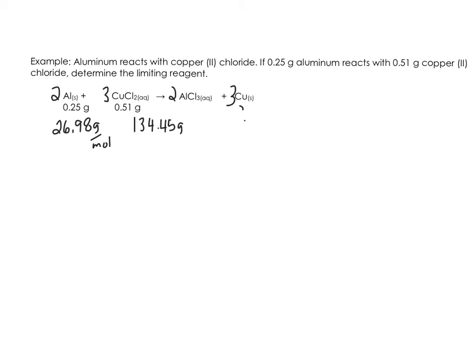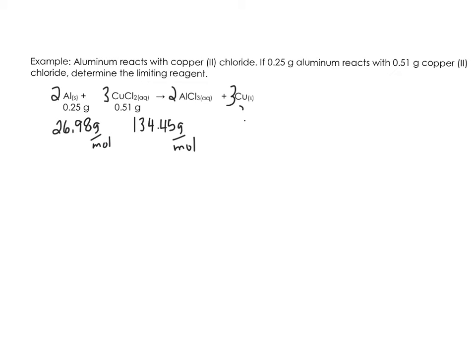134.45 grams per mole. Now please remember, the only place that you use coefficients is in a mole ratio to convert between moles. You do not use it to calculate your molar mass. You do not take the molar mass of aluminum and multiply by 2.